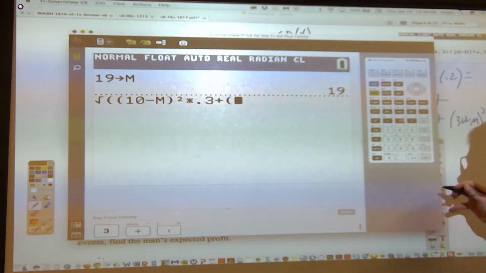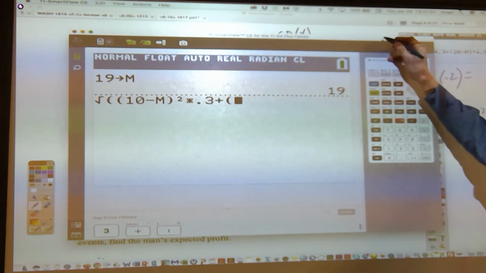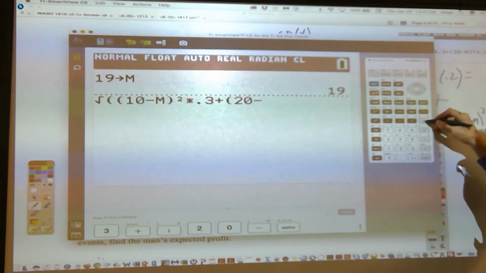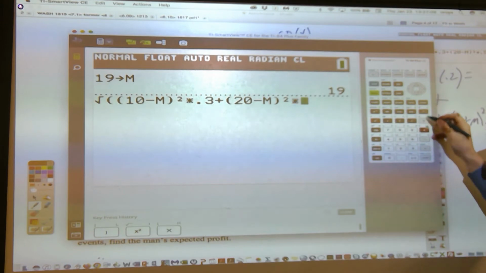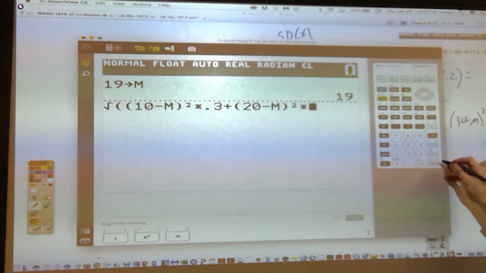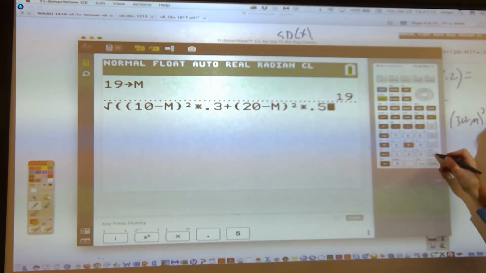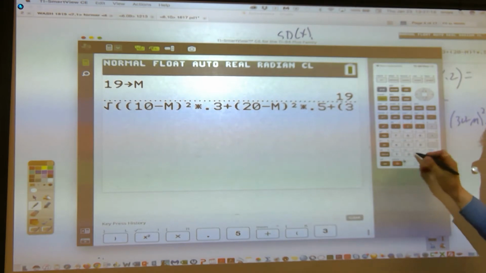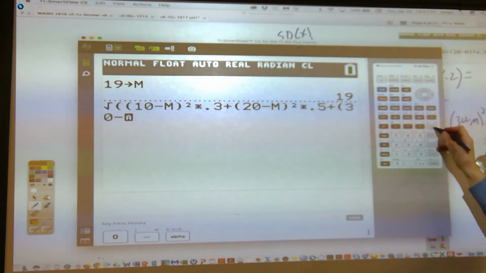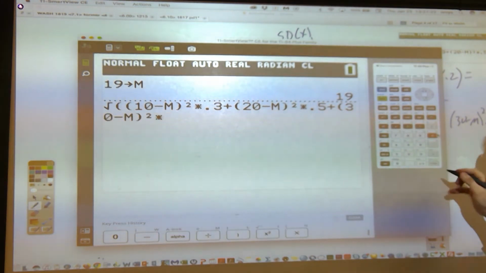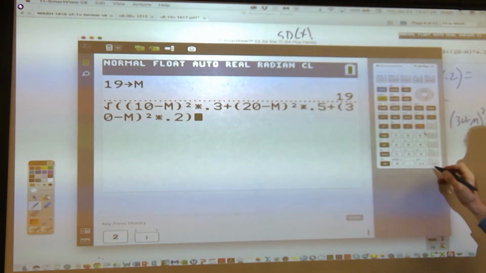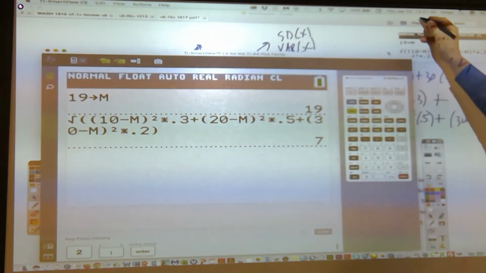Left parentheses, left parentheses, 20 minus m squared times, go back, 0.5. Keep going, all right, plus 30 minus m squared, times 0.2. Close parentheses, so we have a standard deviation of 7.